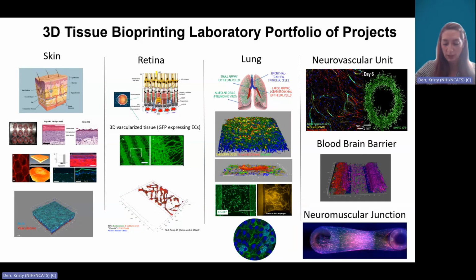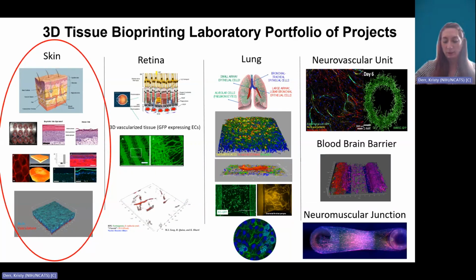We also have a lung model, a neurovascular unit, blood-brain barrier, a neuromuscular junction. We have a placenta model and also bone, and many more. But these are our most highlighted tissues.